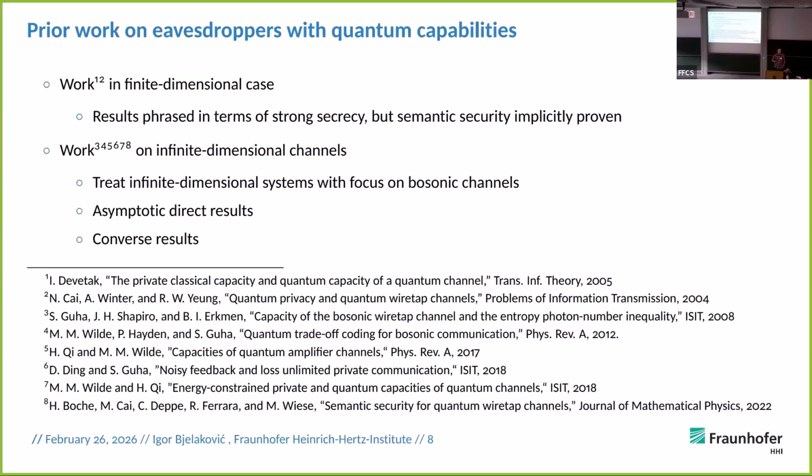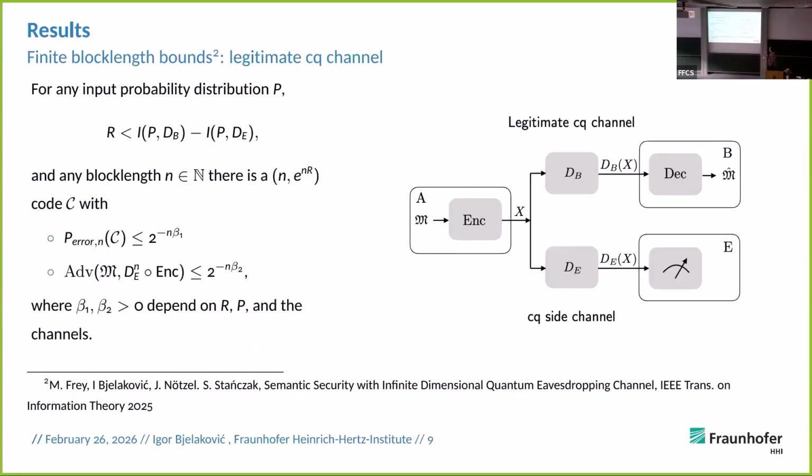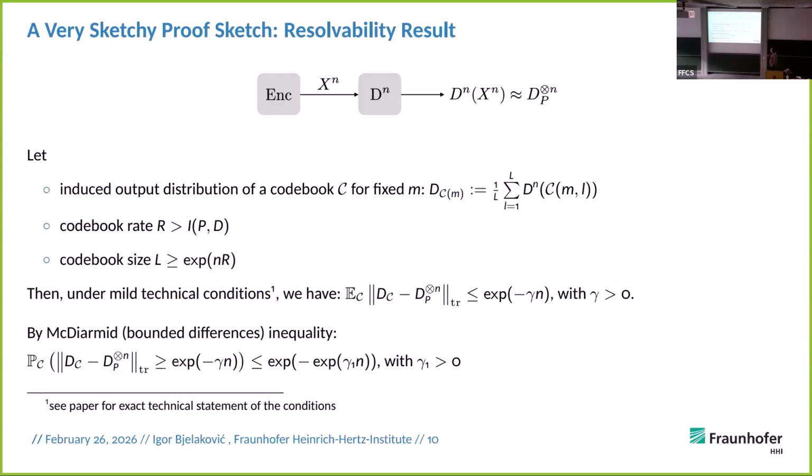So if you go to infinite dimension and you want some concentration or some finite block length bound, you have to do it in a different way. You need some dimension independent tools. So that's a very sketchy proof sketch.